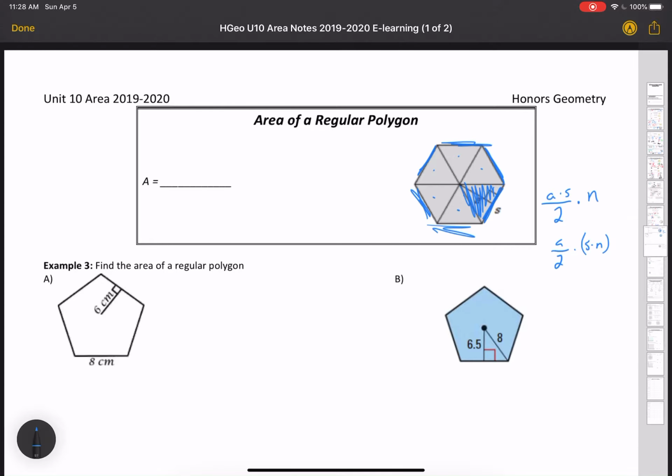Because remember, perimeter is just adding up all the sides. And when all the sides are the same, we can just multiply by the number of sides that we have. So this is the same thing as multiplying by the perimeter.